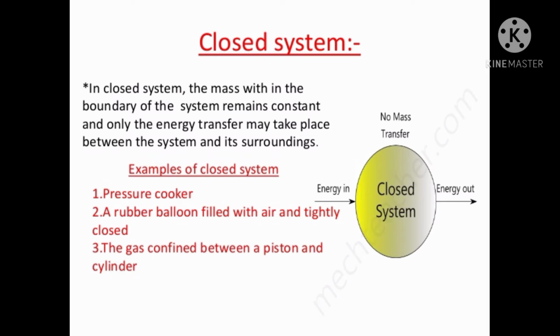Examples of a closed system: first is a pressure cooker, second a rubber balloon filled with air and tightly closed, third the gas confined between a piston and cylinder. Next I will show you the examples of the closed system. Here we go.